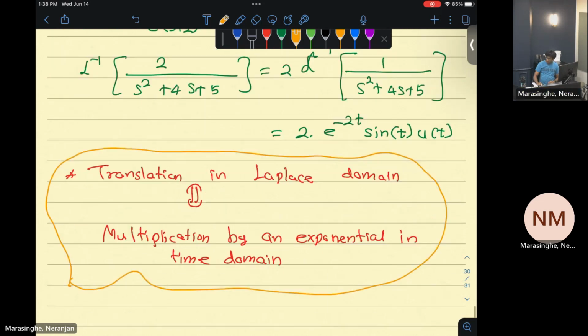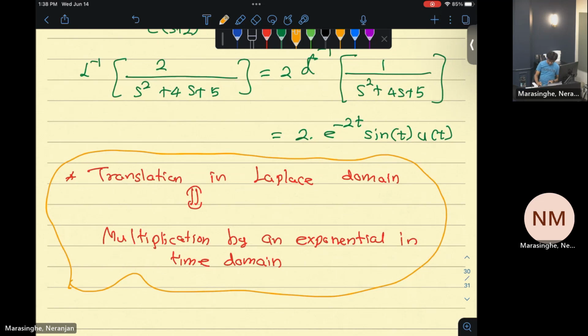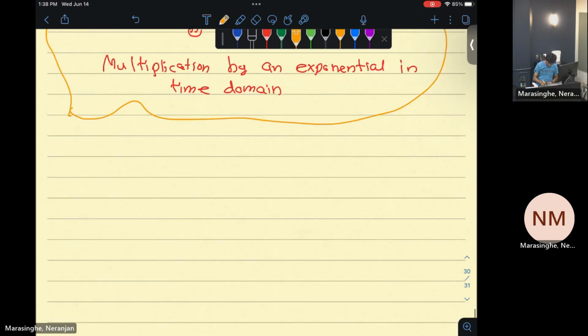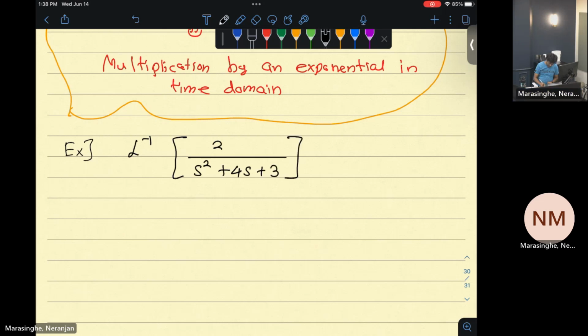Next problem is the inverse Laplace of 2 divided by s square plus 4s plus 3.